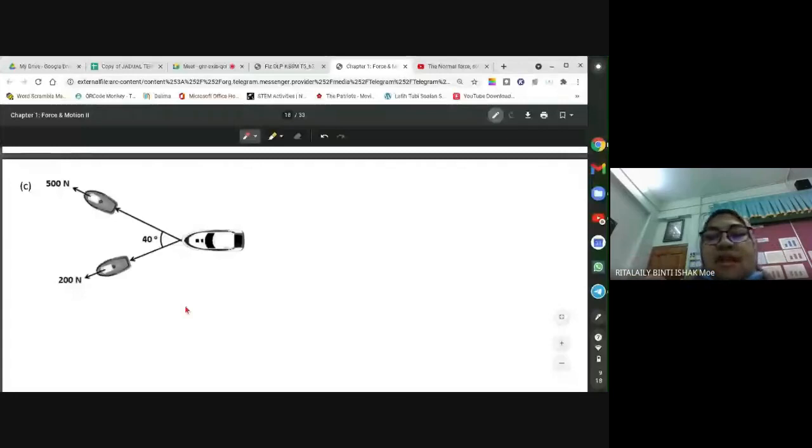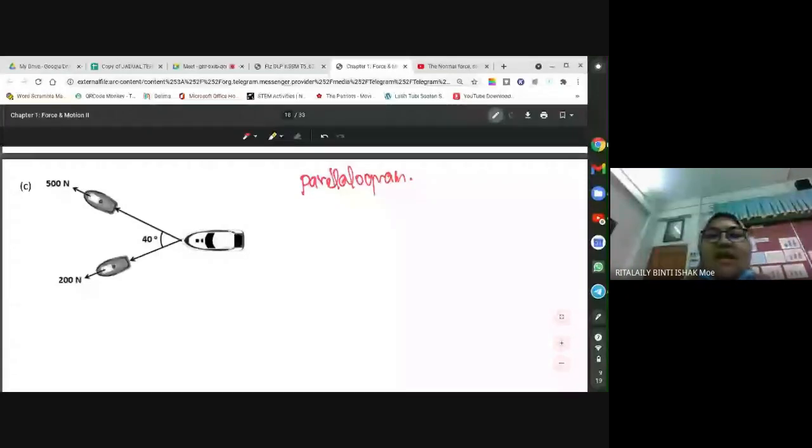We call it parallelogram. How to spell it? Parallelogram. Can you check whether the spelling is correct? Parallelogram, is it double L?